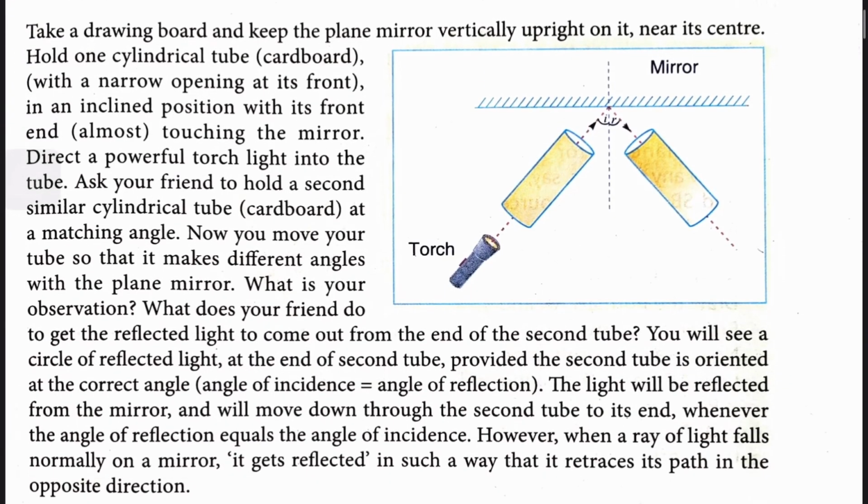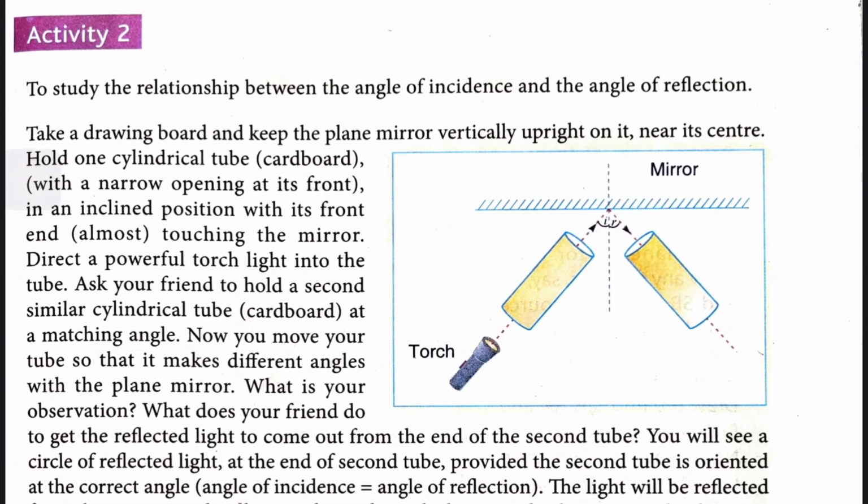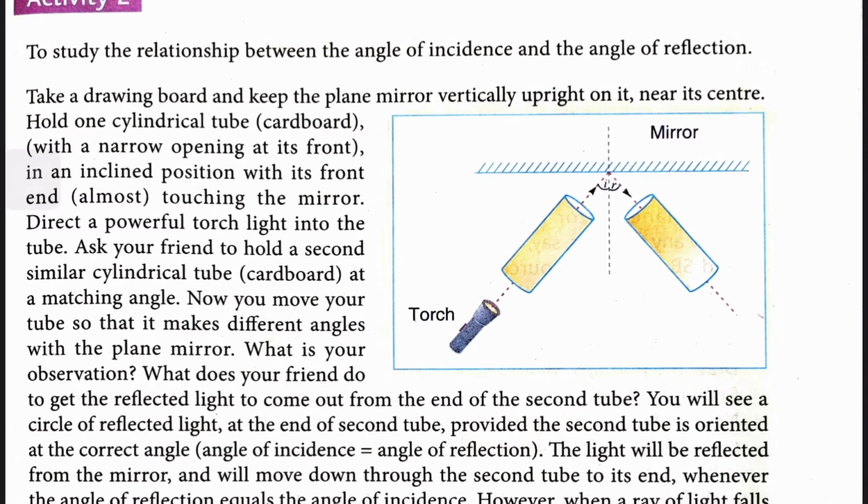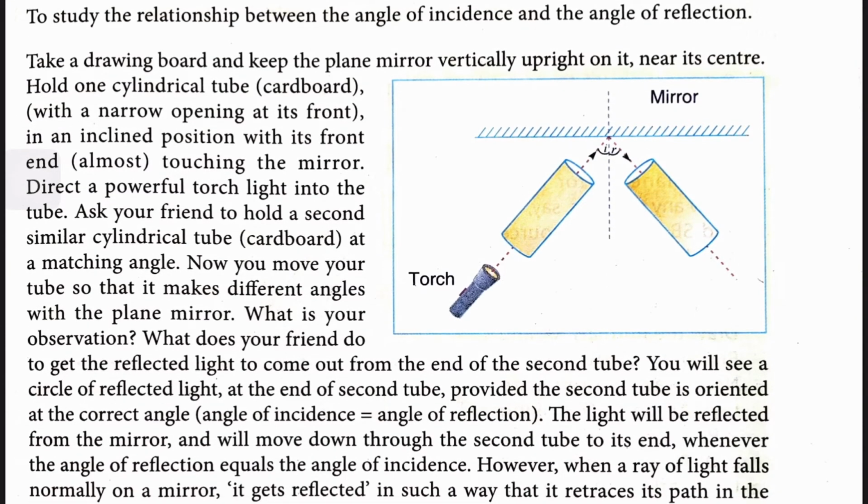You can see in this activity the relationship between the angle of incidence and the angle of reflection. For this, take a drawing board and keep the plane mirror vertically upright on it.